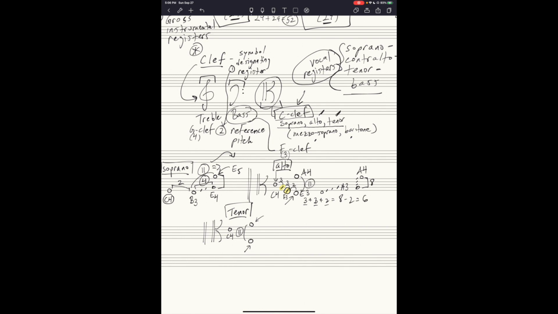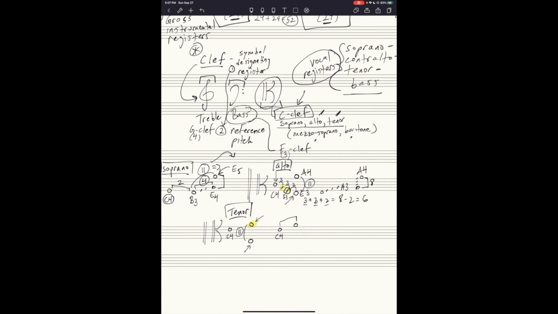Instead of figuring out the bottom of the range, let's start with the top. So I'd like to figure out this position, which is again the space above the staff. So knowing what I know, that the middle line as my reference pitch is C4, what's the interval from this 4th line up to that space above the staff?